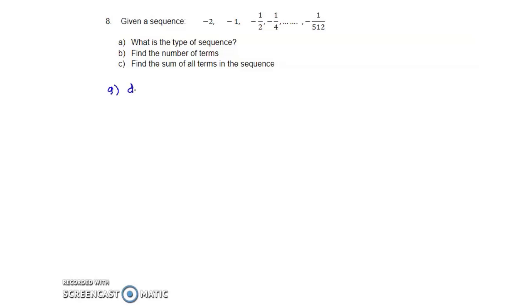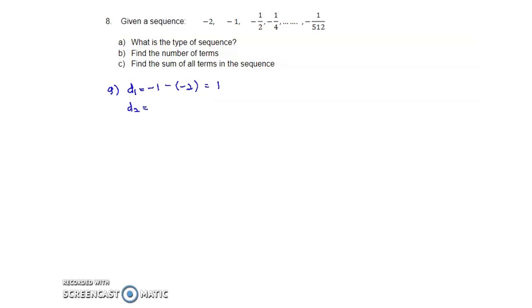Let's say I want to test the common difference. So D1 equals negative 1 minus negative 2, that is T2 minus T1. Negative, negative, positive, so negative 1 plus 2 is 1. Let's test another value to see whether the second value is 1 or not.